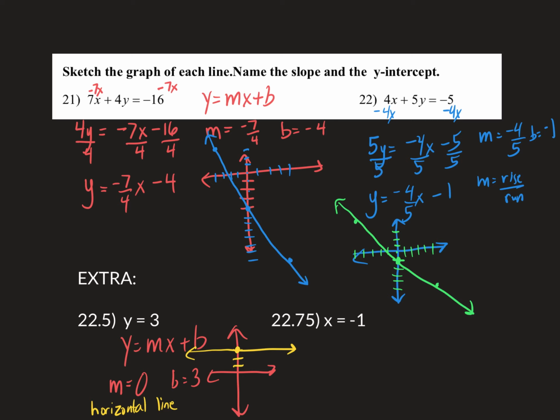Next, can you write that equation in the form y equals mx plus b? The answer is no. So this one will not have a y-intercept. And a line that doesn't have a y-intercept is a line that has undefined slope.